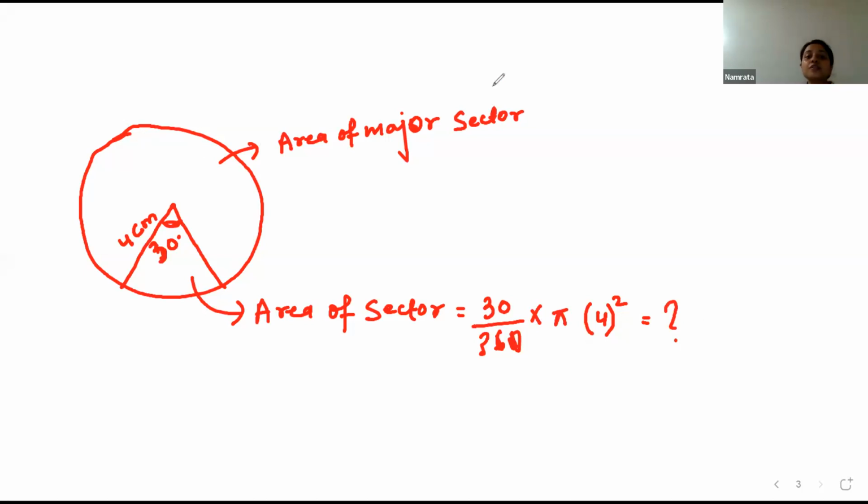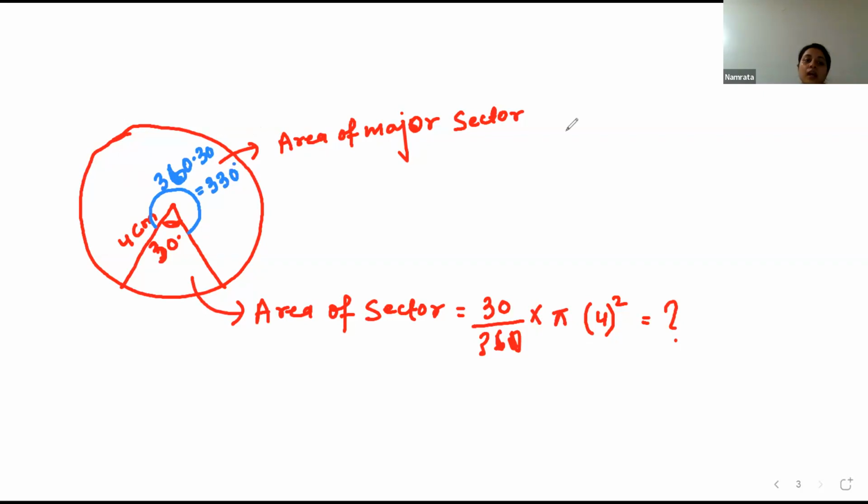There are two ways by which you can find the area of the major sector. One of them is the other angle. If this is 30 degree, can I say the other angle will be 360 minus 30, that is 330 degree, the rest of the angle.